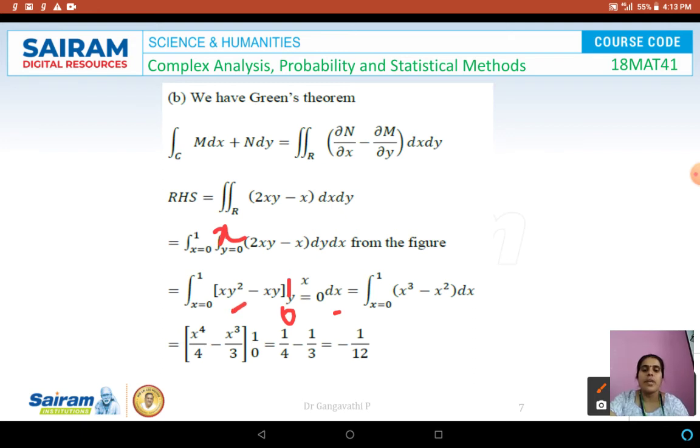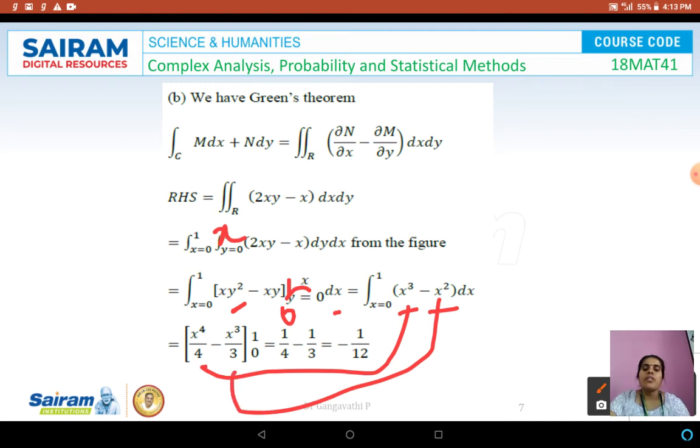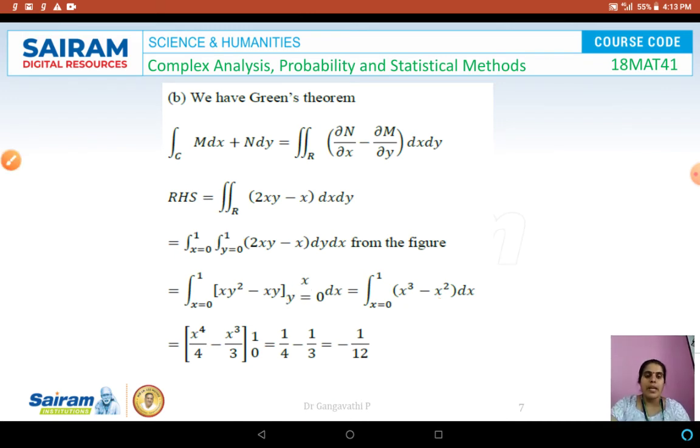If you substitute x square into x, it is x cube, and again here we have y is equal to x, so it is x square into dx. So let us integrate it. Integration of x cube is x to the power of 4 by 4 and integration of x square is x cube by 3, between the limits 0 and 1. So once we make a substitution, we get the answer as minus 1 by 12.